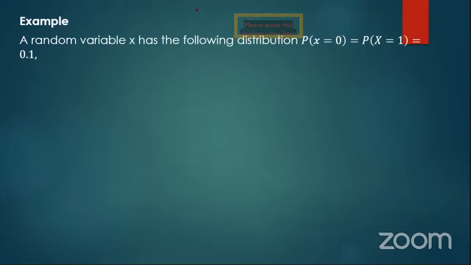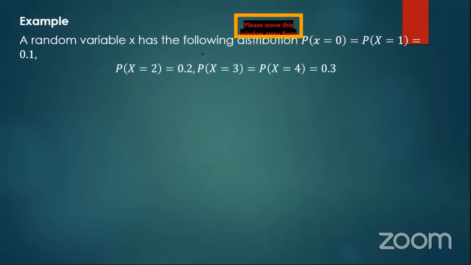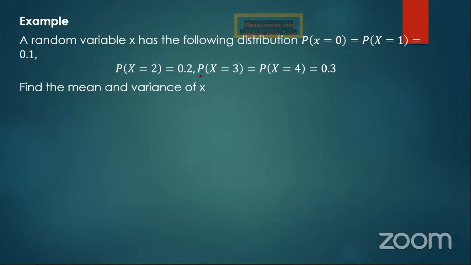So maybe we would go for an example here. A random variable x has the following distribution. The probability of x equal to 0 is equal to the probability of x equal to 1, and that is 0.1. The probability of x equal to 2 is 0.2. The probability of x equal to 3 is equal to the probability of x equal to 4, and that is 0.3.